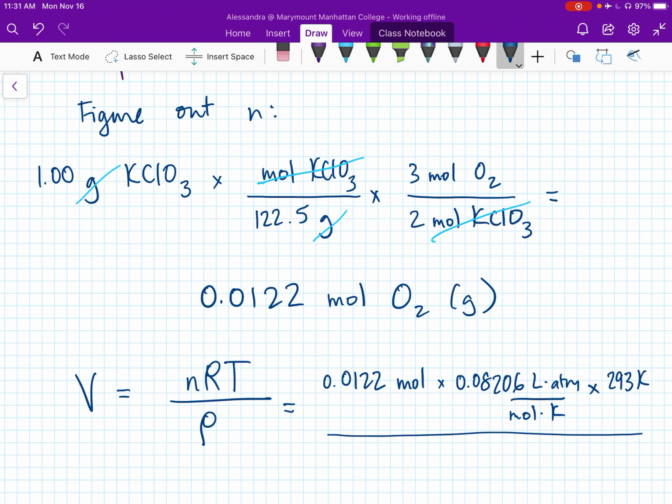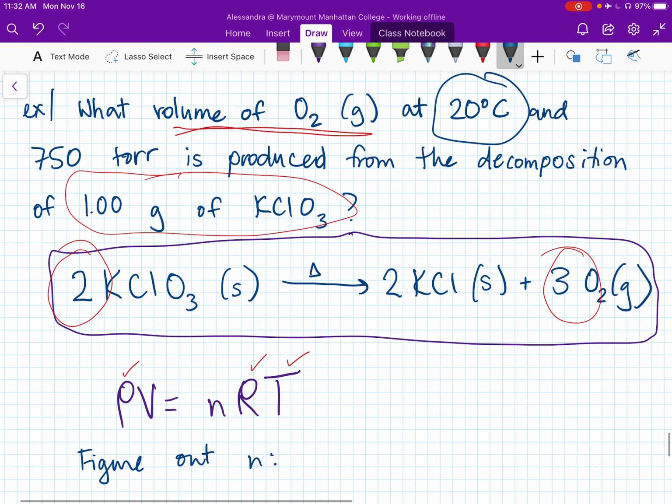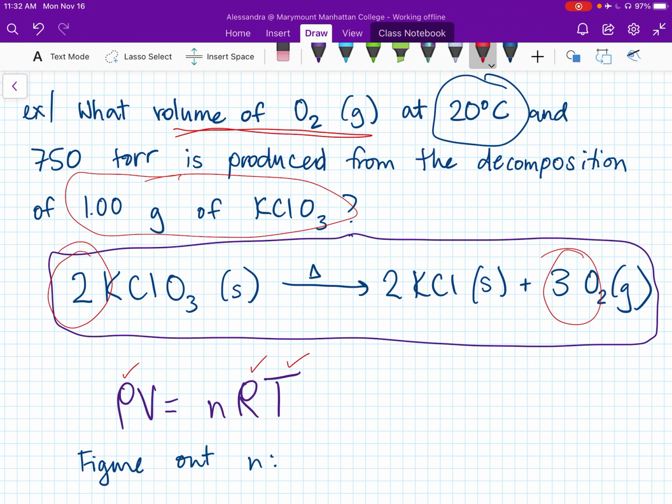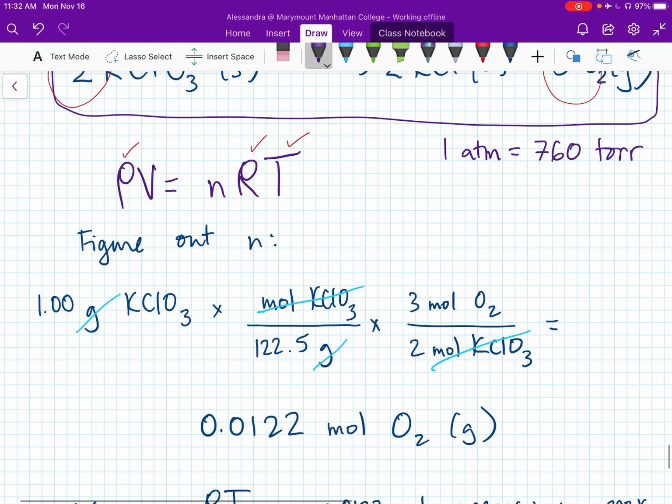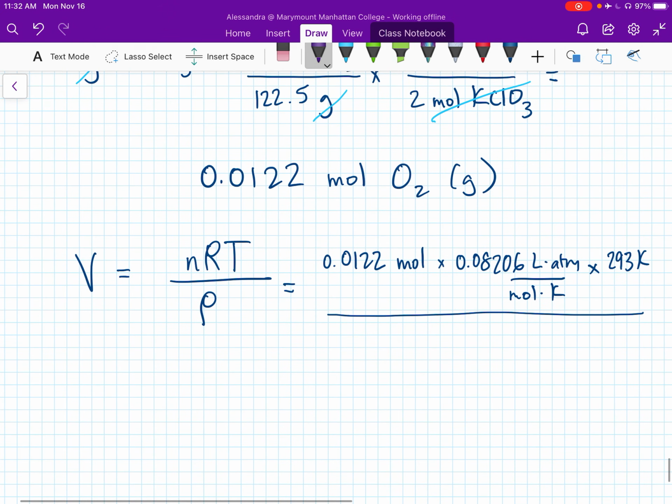Now I need to put the pressure in atmospheres. And I was given the pressure in torr. So remember that 1 atmosphere equals 760 torr. So if I want to convert the 750 torr to atmospheres, I need to divide by 760.